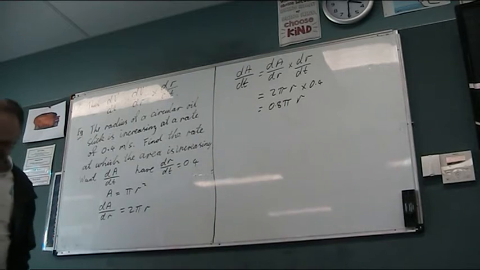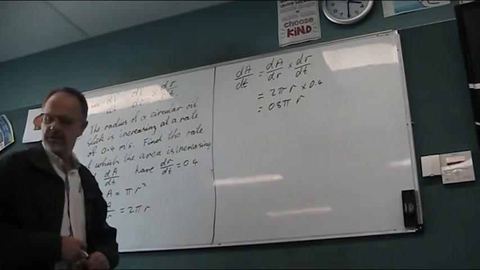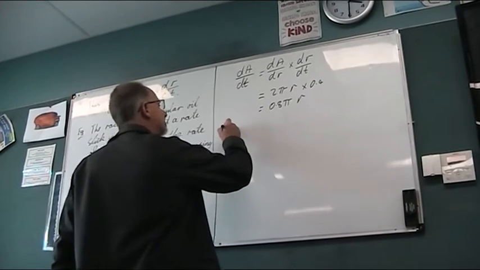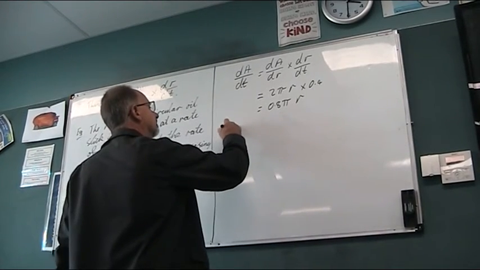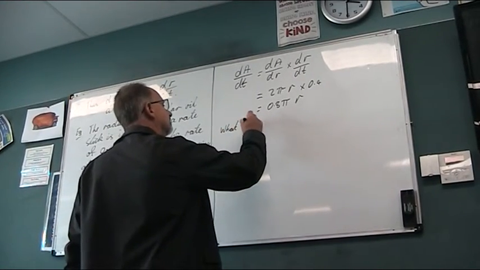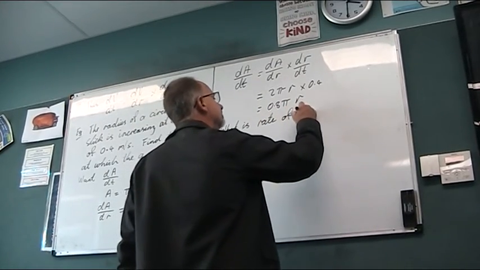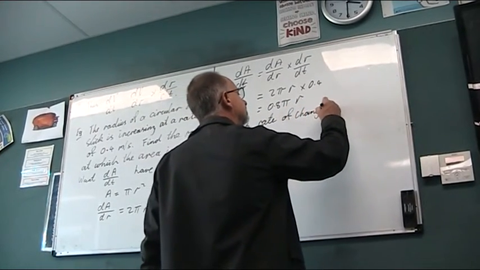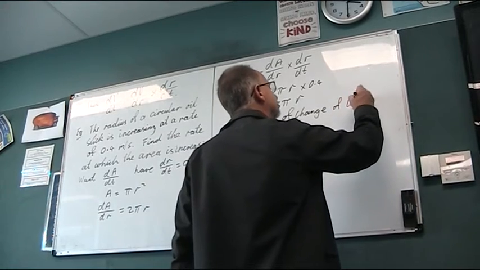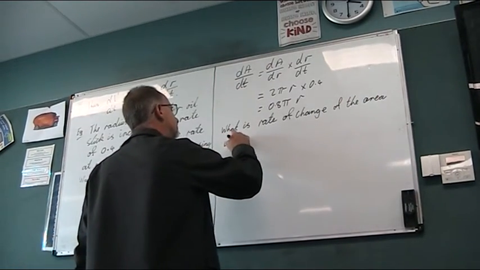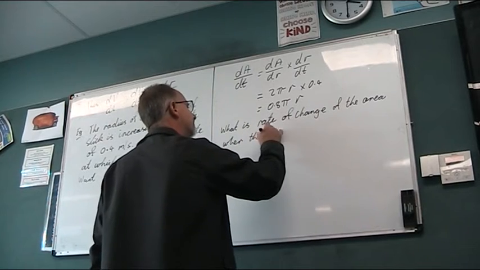And so then at any particular radius, for example, what is the rate of change of the area when the radius is 50?